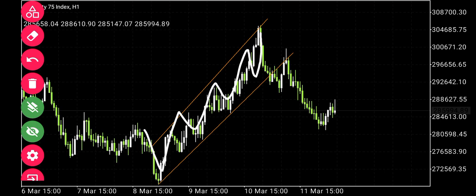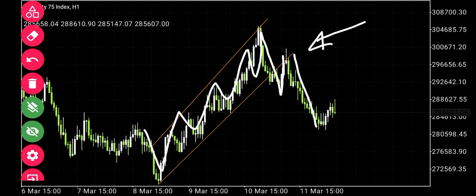So after correcting here, we are having this reversal candle. It is bearish engulfing. So the candle engulfed here like this, then it went for the latest move to the downside. So as always, our first end would have been here, then the second one will be here.